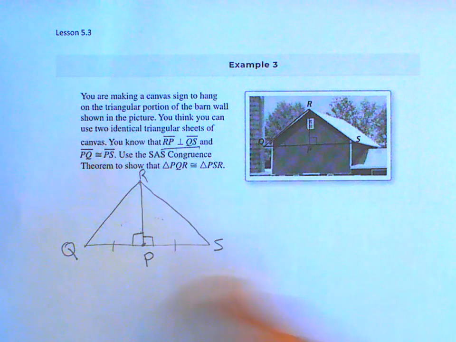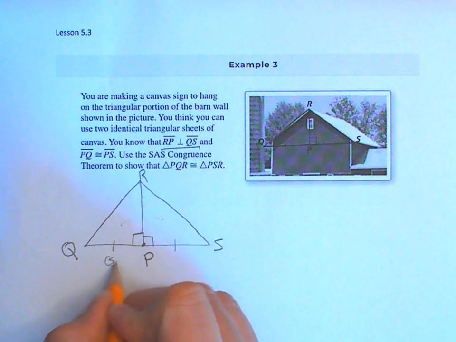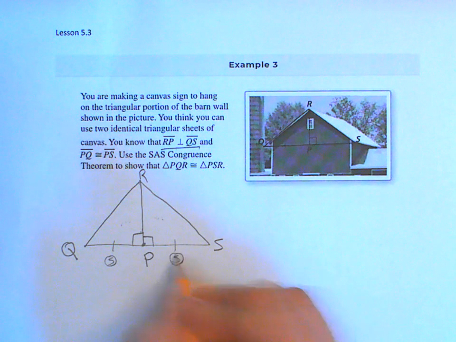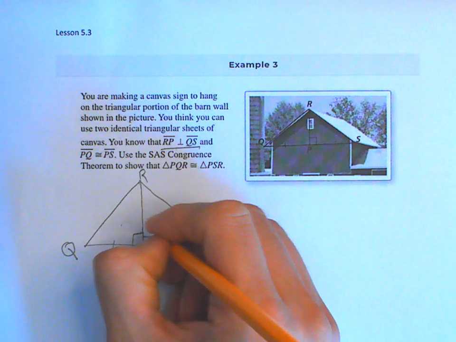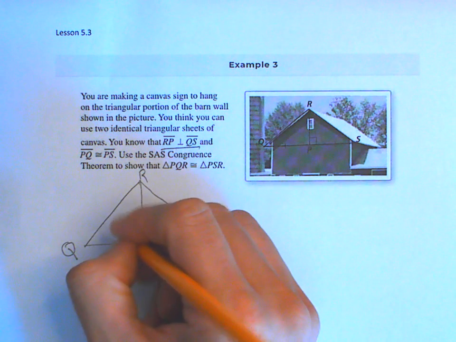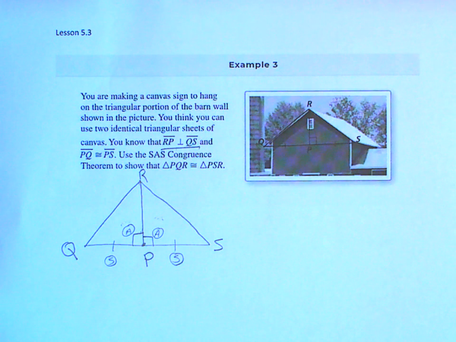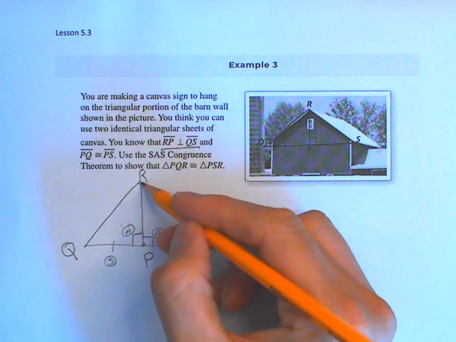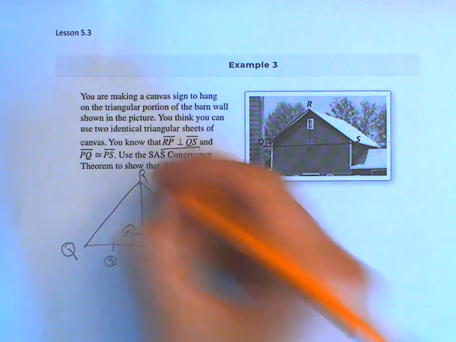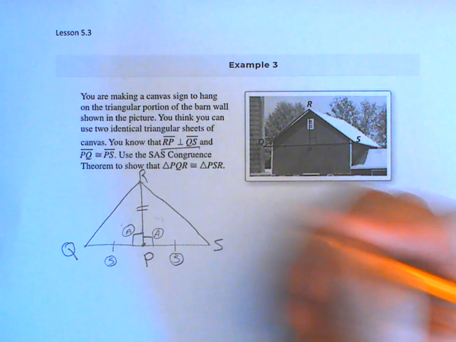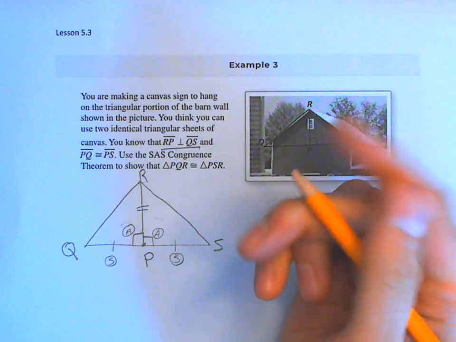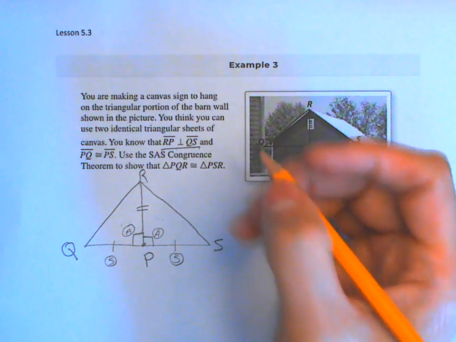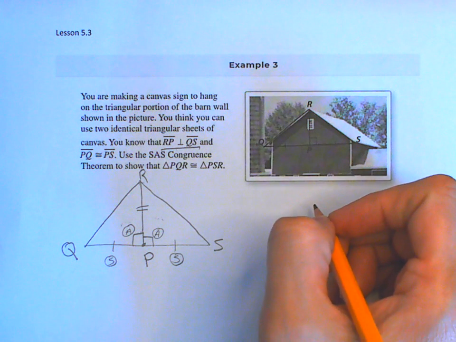So look, you have your pair of sides, okay? You have your angle, your included angle. So all you need is another side. And that side is going to come from RP, because RP is congruent to itself. Any segment is congruent to itself. Okay? So RP congruent to RP.